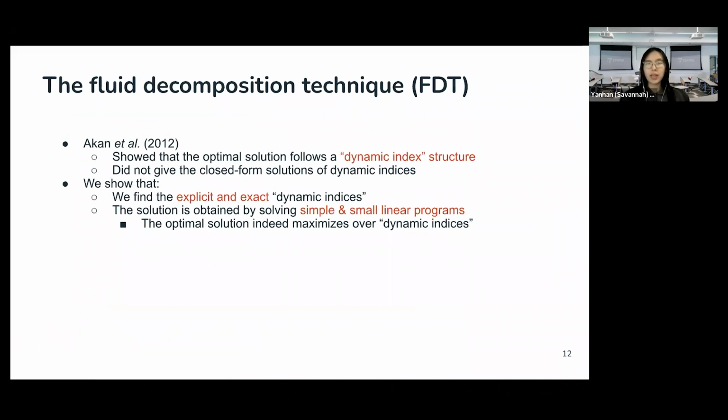Previous work showed that the optimal solution to the previously defined fluid model follows a dynamic index structure, but they did not give the closed form solution of the dynamic indices. Instead, they resort to heuristics in several layers of approximations. We show that we can find the explicit and exact dynamic indices.